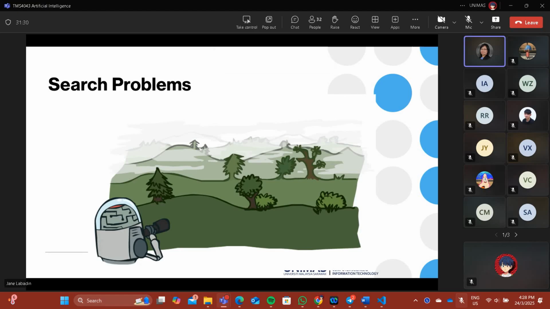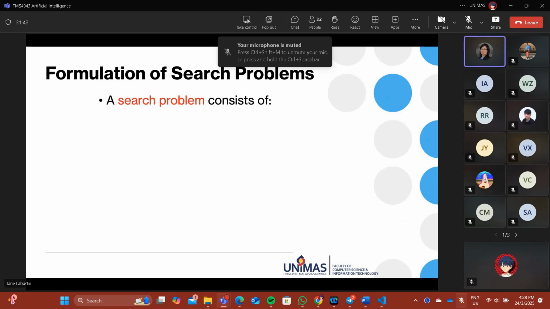So we move to search, because at the end of the day you want to search for the solution. So in a problem, you can formulate the problem as a search problem.